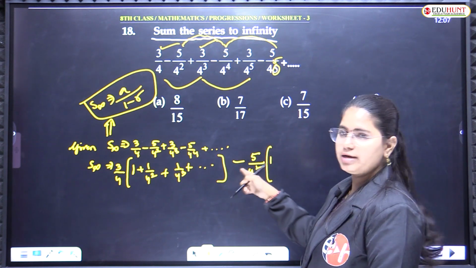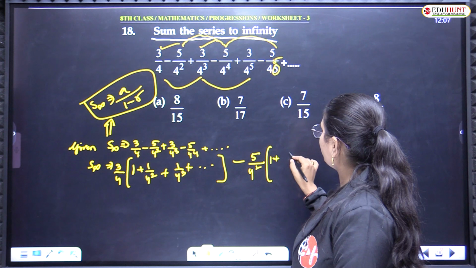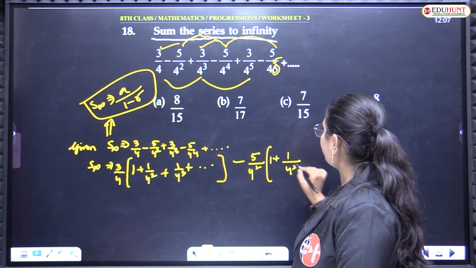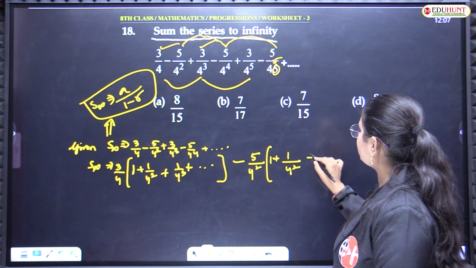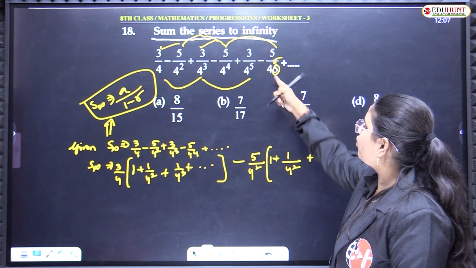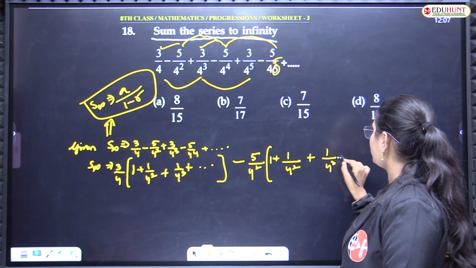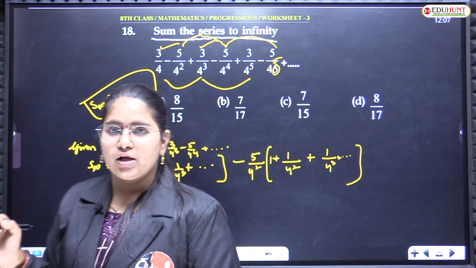Next, I took minus common, so this will be plus only. Next, 5 by 4 square I took, so 1 by 4 square will be there. Next, again, I took minus common, so this will be plus. Out of 5 fours, I took 2 fours common, so it will be left with 1 by 4 cube, and so on. I hope everybody got clear with this.